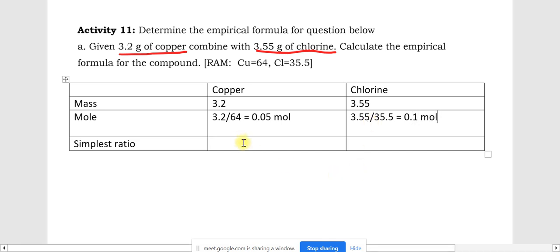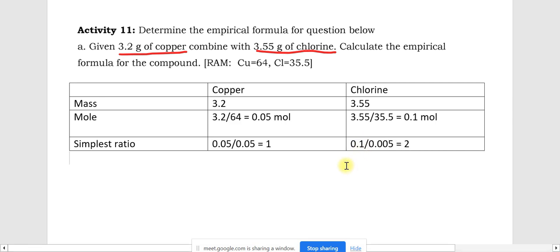And then simplest ratio. Look, the smallest in both is 0.05. So divide both moles by it. 0.05 gives 1, and this one 0.1 divided by 0.05 gives 2 mole.